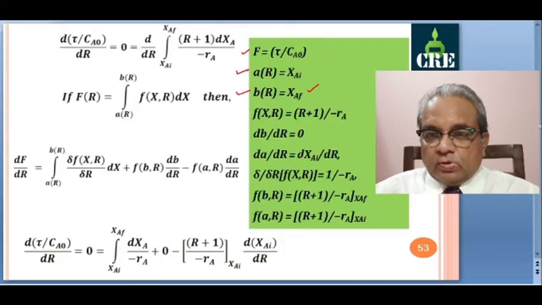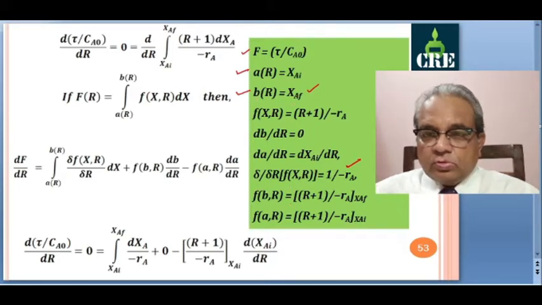So d dr of XAI, a is XAI, then del r of f of x, r. What is f of x, r? This function, and del r of this will be 1 upon minus Ra simply. F of b, r: the function is evaluated at b, r.